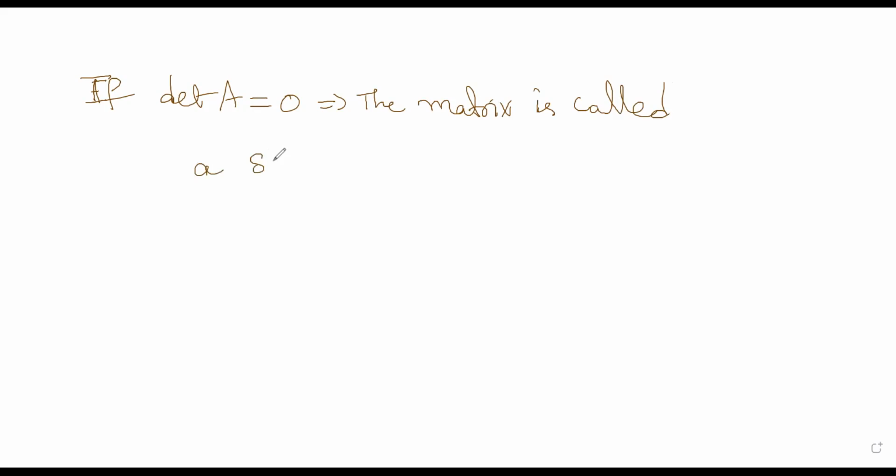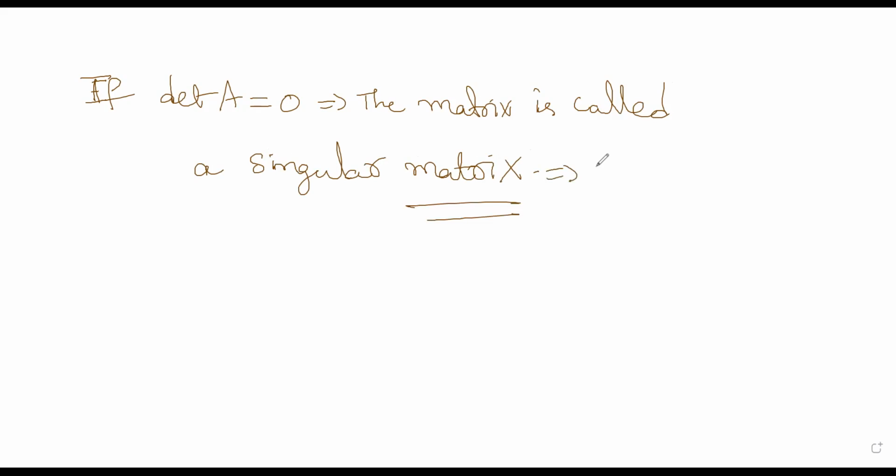If det A is equal to 0, then we'll say the matrix is called a singular matrix.